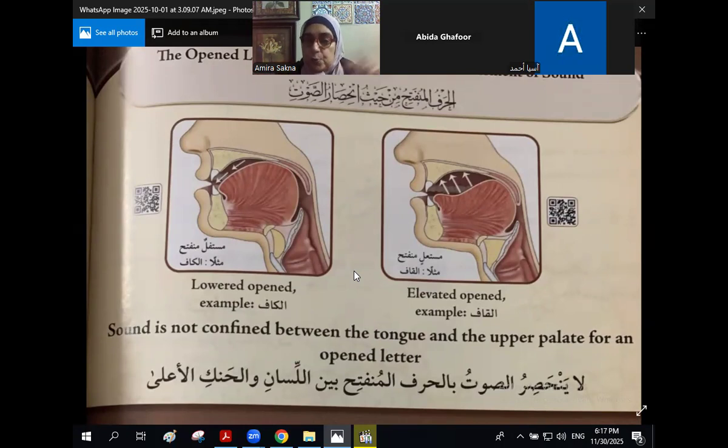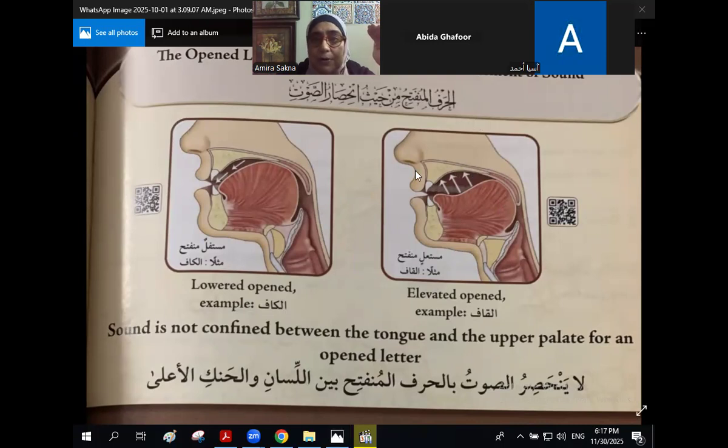Because when we pronounce them, the sound is directed to the dome of the palate, but it's not confined between the tongue and the upper palate. This is an example for elevated open letters, مستعلي منفتح, like the قاف.